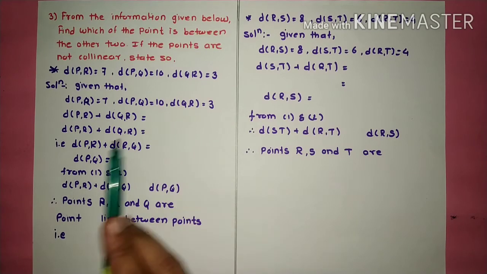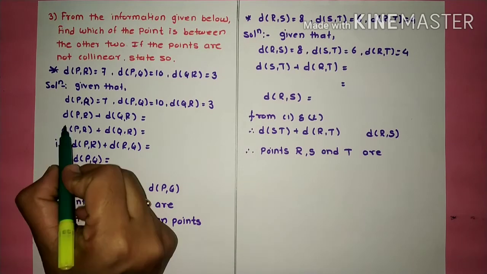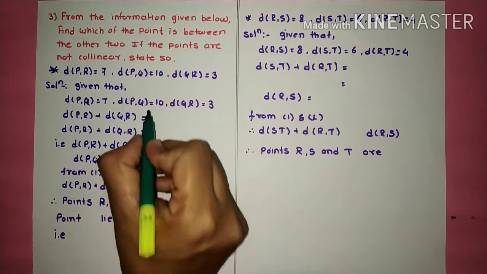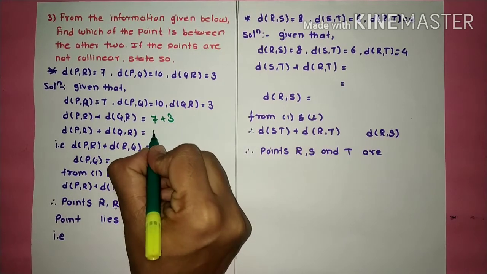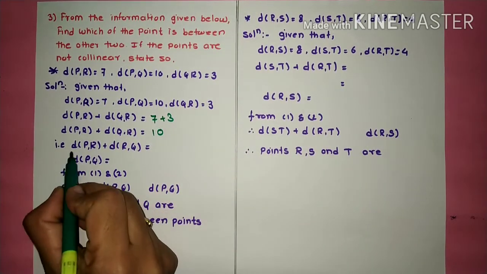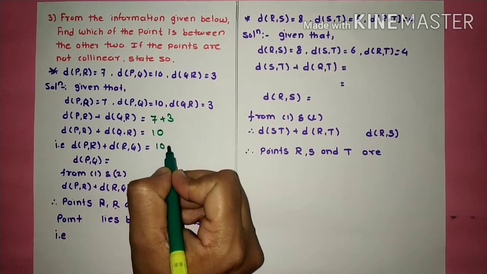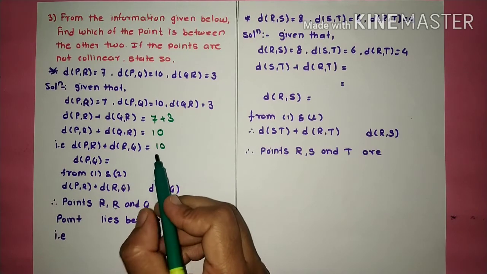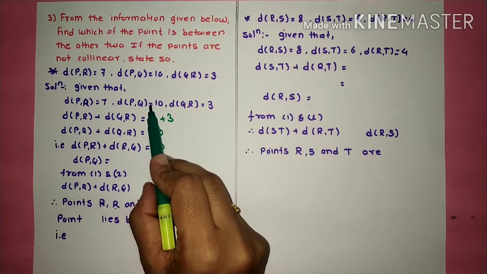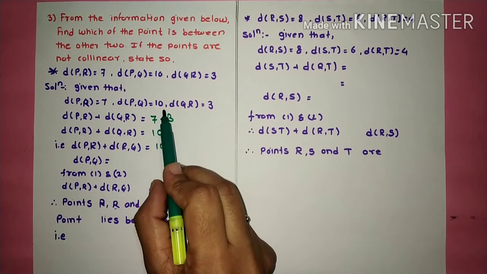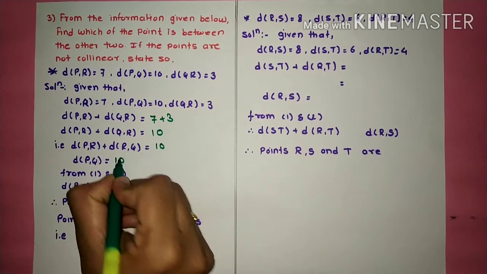When we add these two segments, distance PR plus distance QR, then we get 7 plus 3, which is equal to 10. That is distance PR plus distance RQ equal to 10. Now this measurement is equal to the larger segment. Means distance PQ equal to 10.